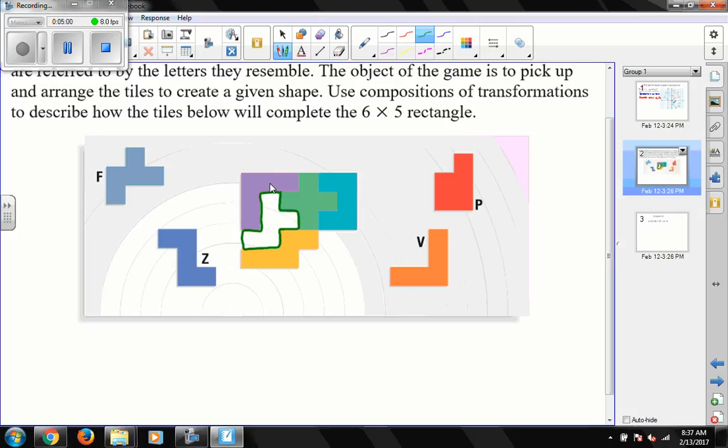The only problem is the way that F sits right now is not going to fit into that space. So we need to get it to fit. The first thing we're going to do is rotate it 90 degrees.